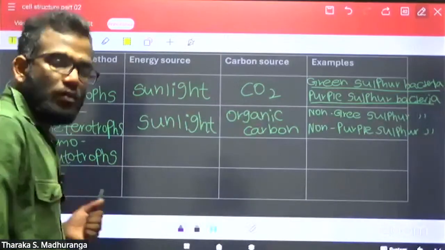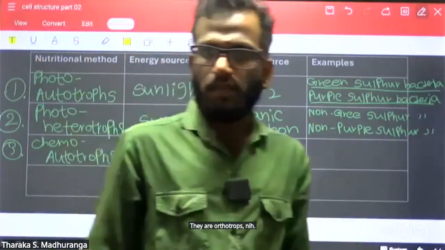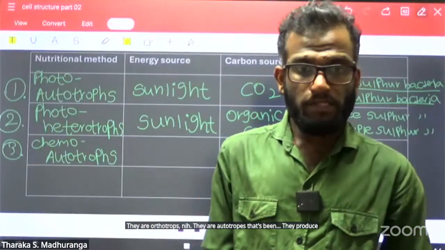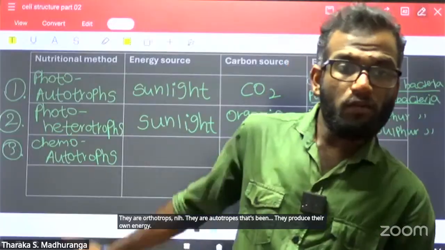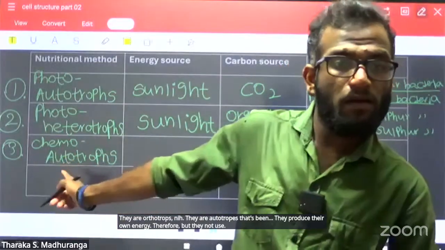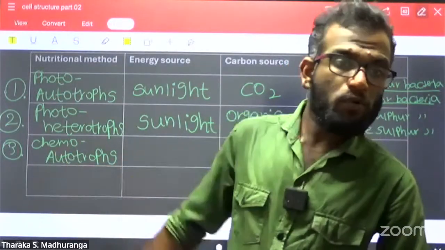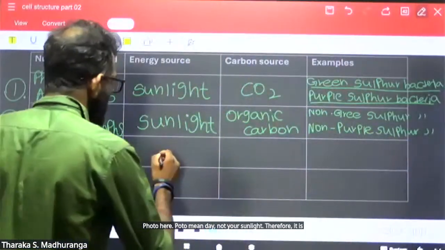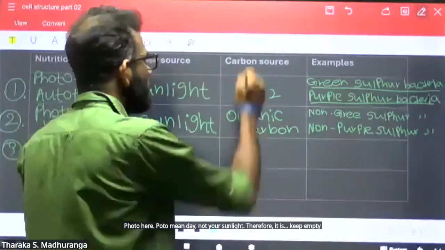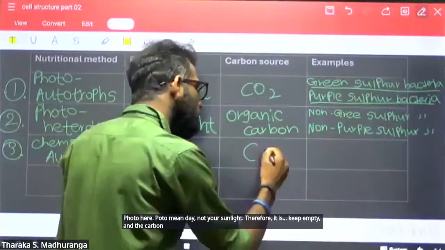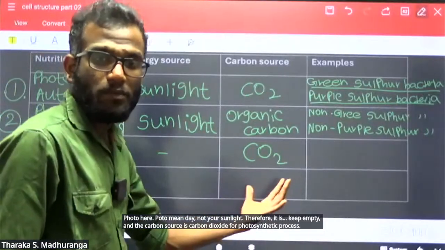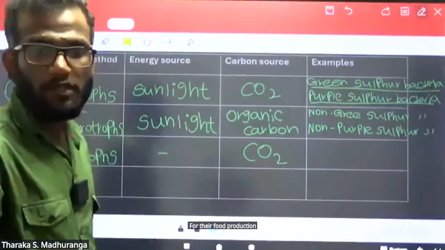They are autotrophs, that means they produce their own food. But they do not use photo, photo means sunlight. Therefore, the energy source is kept empty, and the carbon source is carbon dioxide. For their food production, carbon dioxide is required.